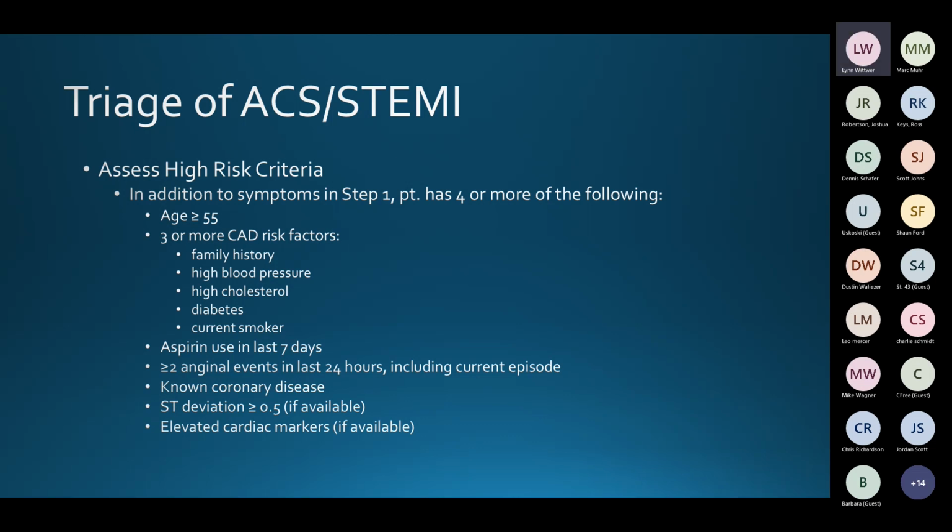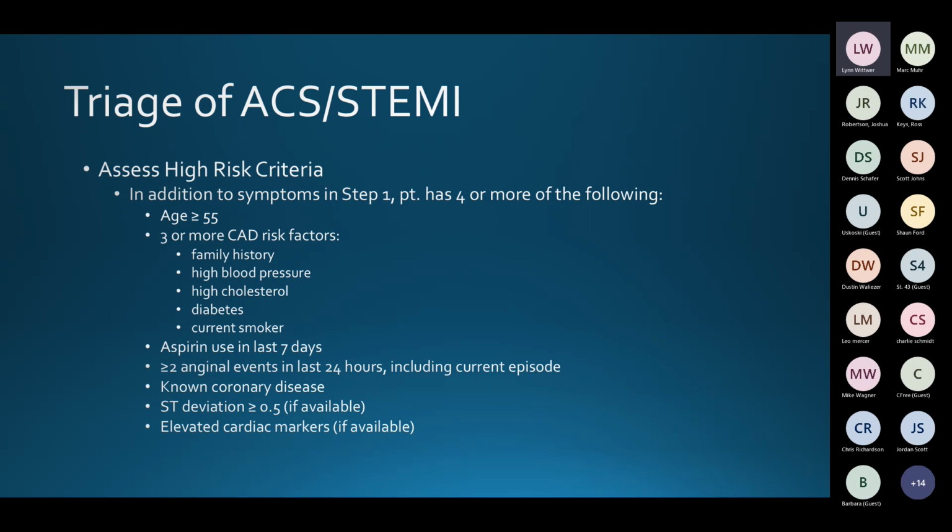More than 2 anginal type events in the last 24 hours, including that episode. So if they had severe heartburn or severe chest pain yesterday, and then in less than 24 hours they had another episode, that was considered probable angina and was a risk factor.